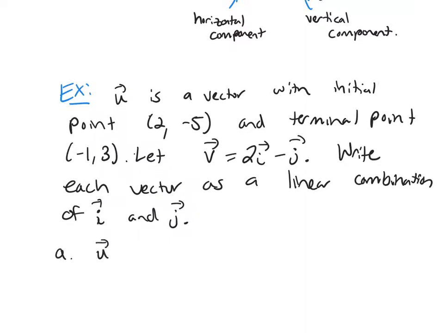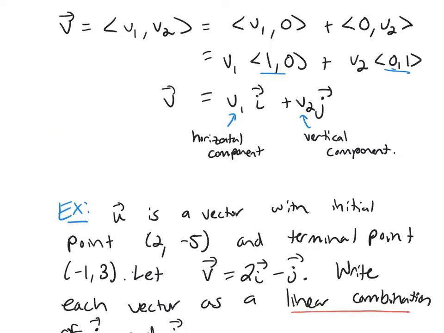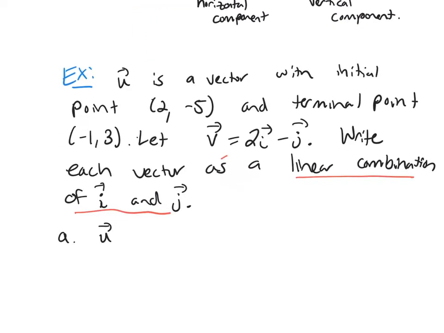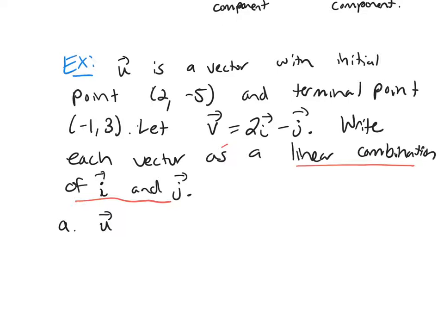So the first vector is u. Now when it says write a vector as a linear combination of i and j, what it wants you to do is write the vector in this format right here. So I need to take my vector u, and the first thing we need to do is write it in component form.